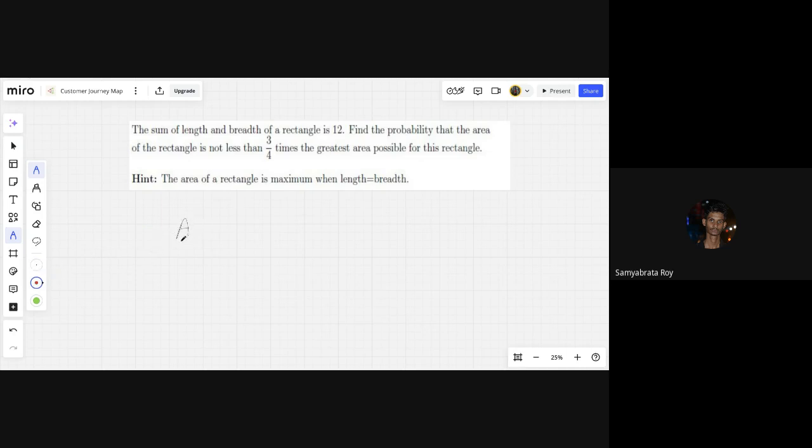Okay. Now, suppose area. Area is nothing but x into y, right? And area will maximize when x is equal to y, right?